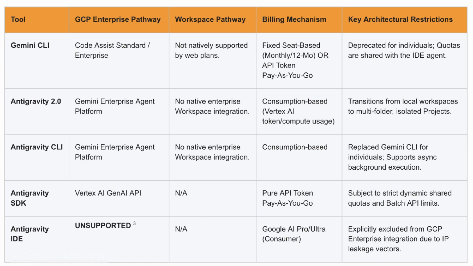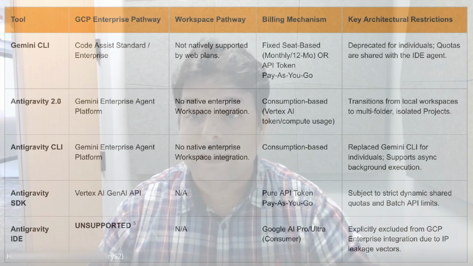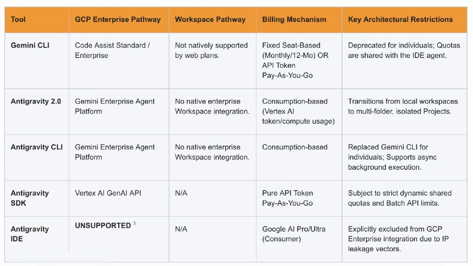Architecturally, Antigravity 2.0 transitions your local workspace into an isolated multi-folder project. The Antigravity CLI supports asynchronous background execution and replaces the older Gemini CLI for individual use. Finally, let's pay close attention to the Antigravity IDE.